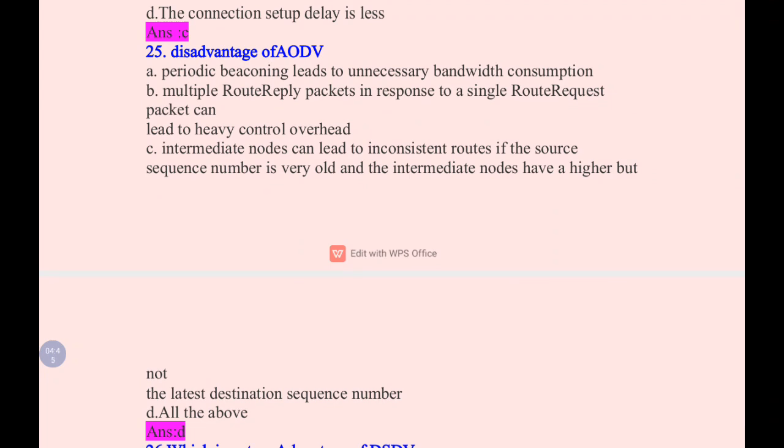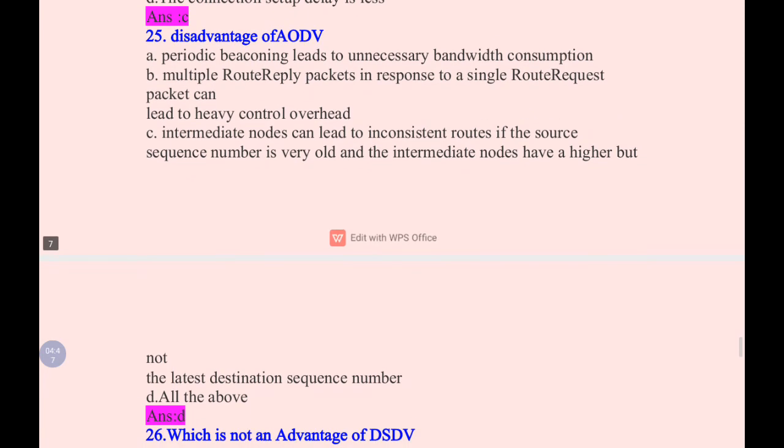So here for your understanding I have given all the 4 choices as all the choices are the disadvantages of AODV. So the above mentioned points are all the disadvantages of AODV.